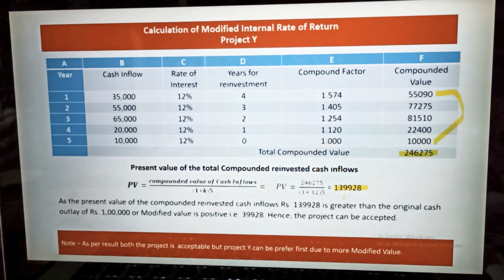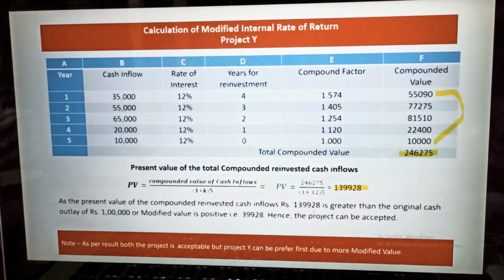In this case also your inflow is exceeding your outlay or investment, so you can accept the project, and I have written the comment as well: the present value of the compounded reinvested cash inflows is rupees 1,39,928, which is greater than the original cash outlay of rupees 1 lakh, or the modified value is positive with the amount 39,928 rupees. Hence this project can also be accepted.